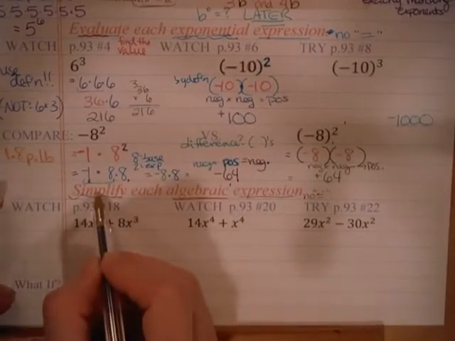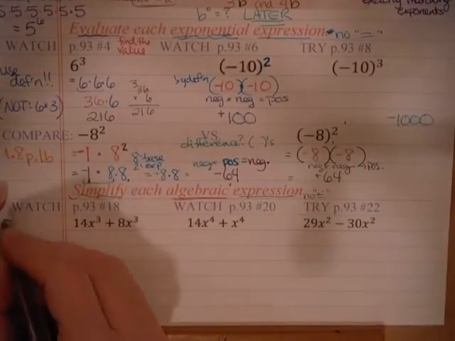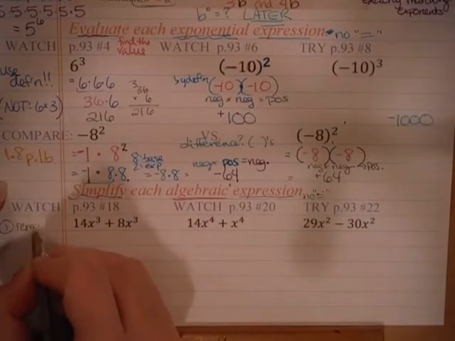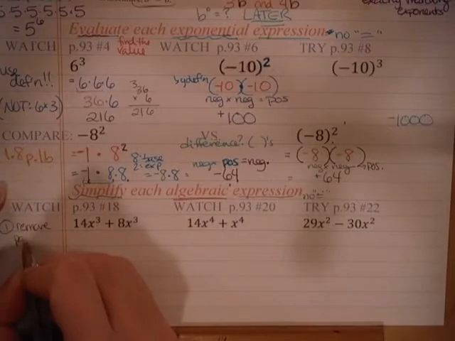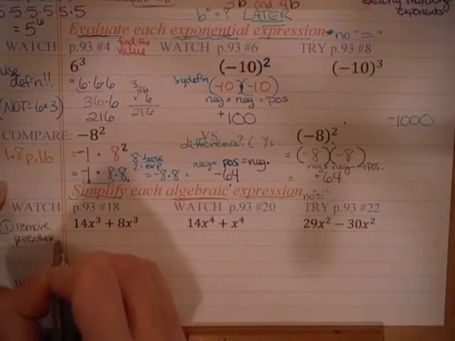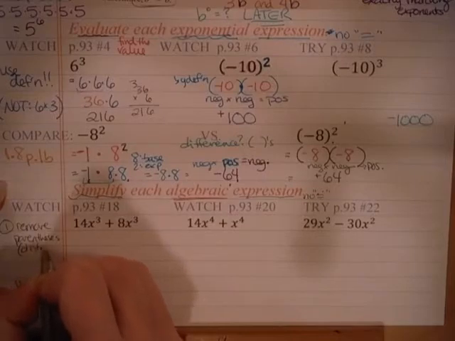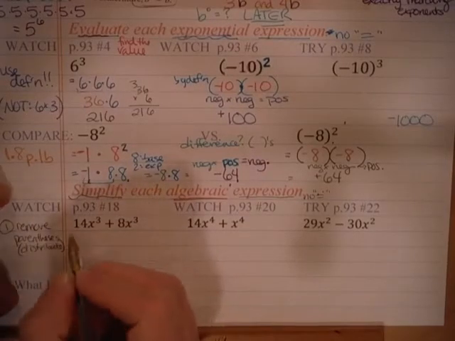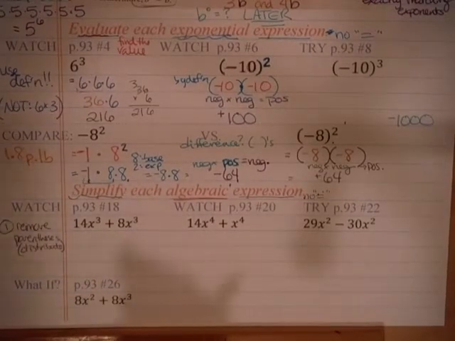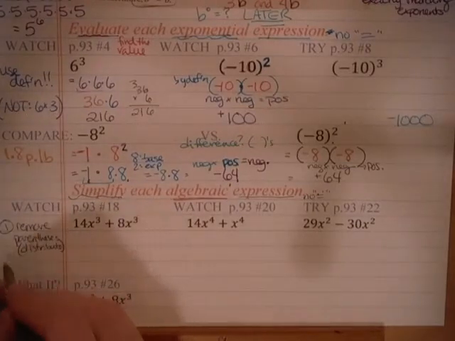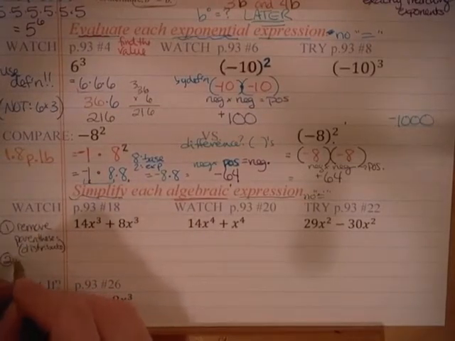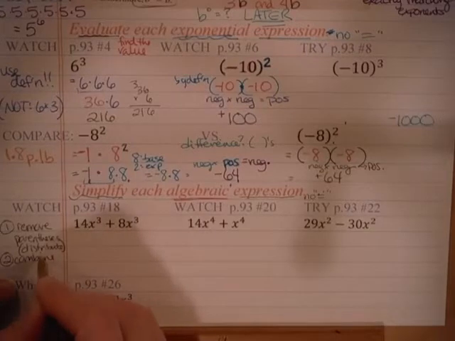In fact, simplify, the two things we're looking to do for simplification is remove parentheses. Sometimes you'll have to distribute. Sometimes it just means you'll be multiplying. Sometimes the parentheses are just there to say, hey, I'm a negative, look for me. The second thing we're going to do is combine like terms.